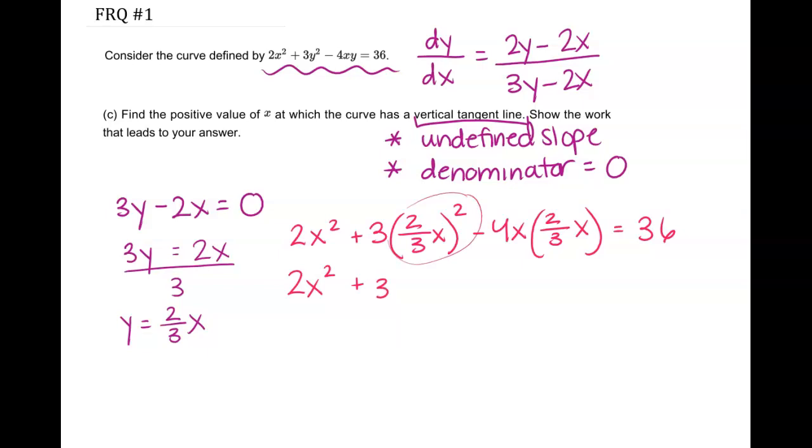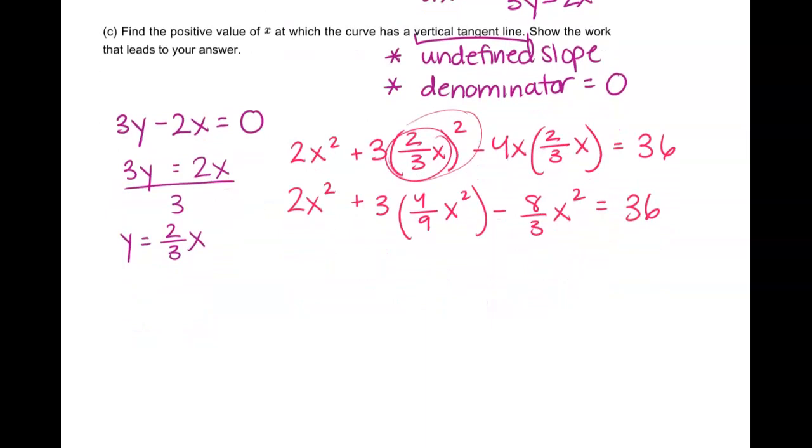You can skip steps wherever you want. So we end up with 3 times, this part squared is 4/9 x squared, minus, this ends up being 8/3 x squared equals 36.